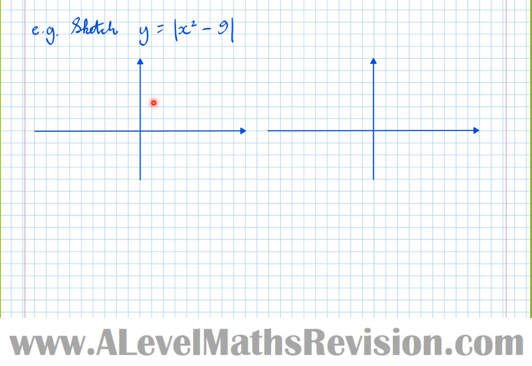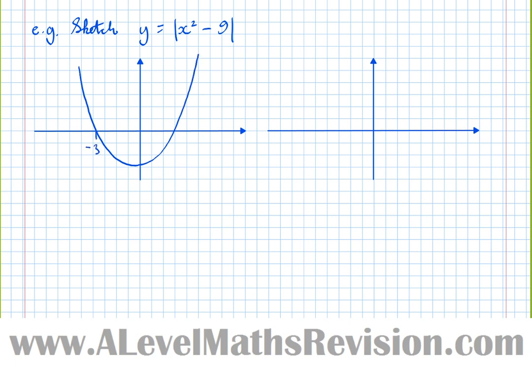So I would say draw the graph without the modulus there, then with the modulus there. So the graph of y equals x squared minus 9 looks like that.